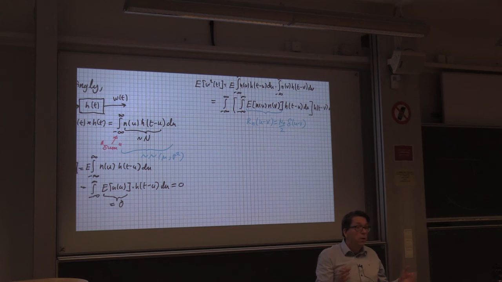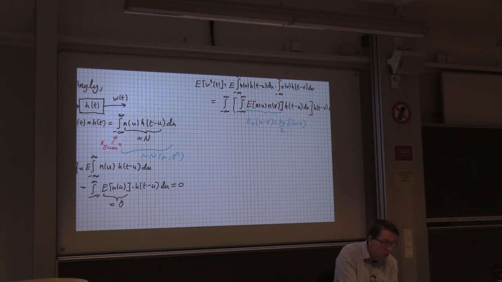Now great happiness in the room, because we have an integral with a delta function. That is great, because that is the easiest type of integral to solve. Since the delta function is non-zero when u is equal to v, and we integrate over u, we simply pull out the rest of the integrand when u is equal to v. We replace u by v in the rest of the integrand, and that's the value of the integral.